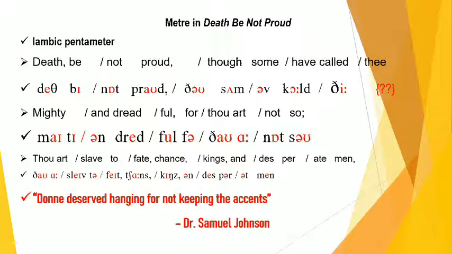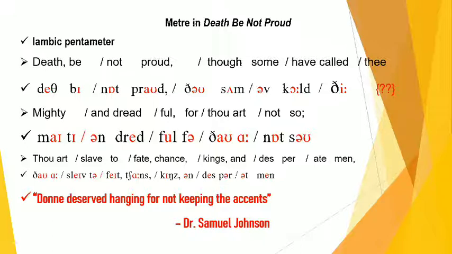It means the first syllable will be unstressed, then stressed, then unstressed, then stressed. It is a difficult art for students at UG level, until they learn phonetics and know which word is accented and where the accent is to be placed on a particular word. Until you learn that, it becomes very difficult to find out whether the meter is iambic pentameter or not.